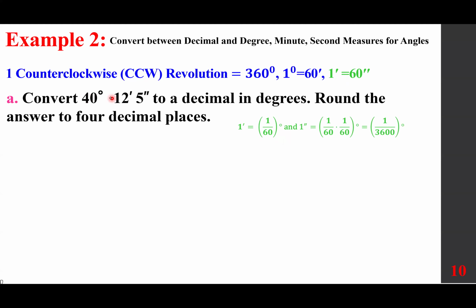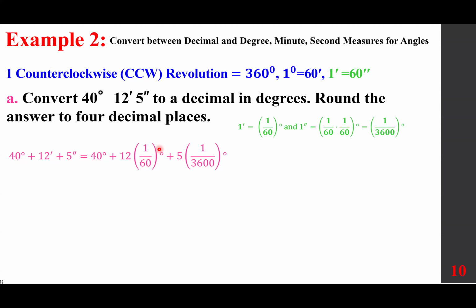So we are going to write this as 40 degrees plus 12 minutes plus 5 seconds first. And so 40 remains. 12 is 12 times 1/60, and 5 is 5/3600, or 5 times 1/3600. So this 40 remains.